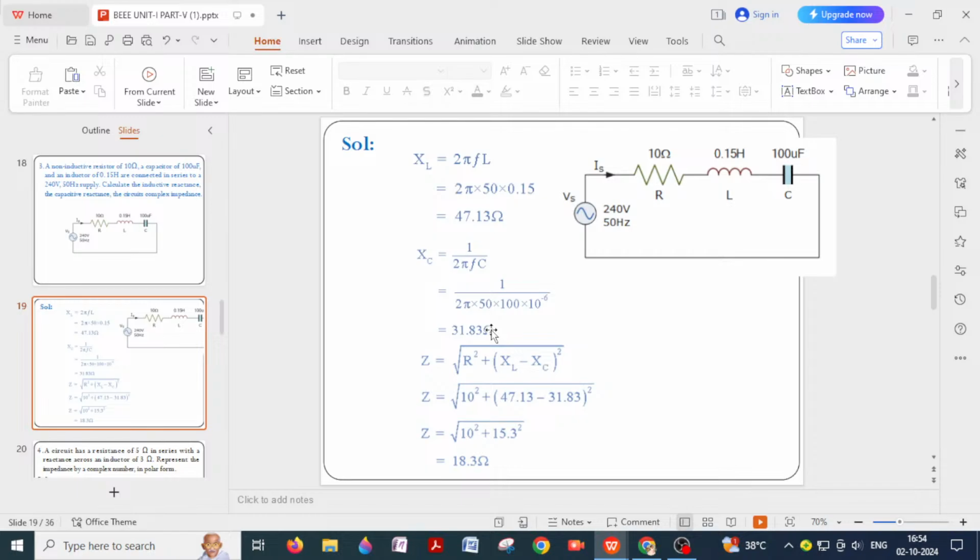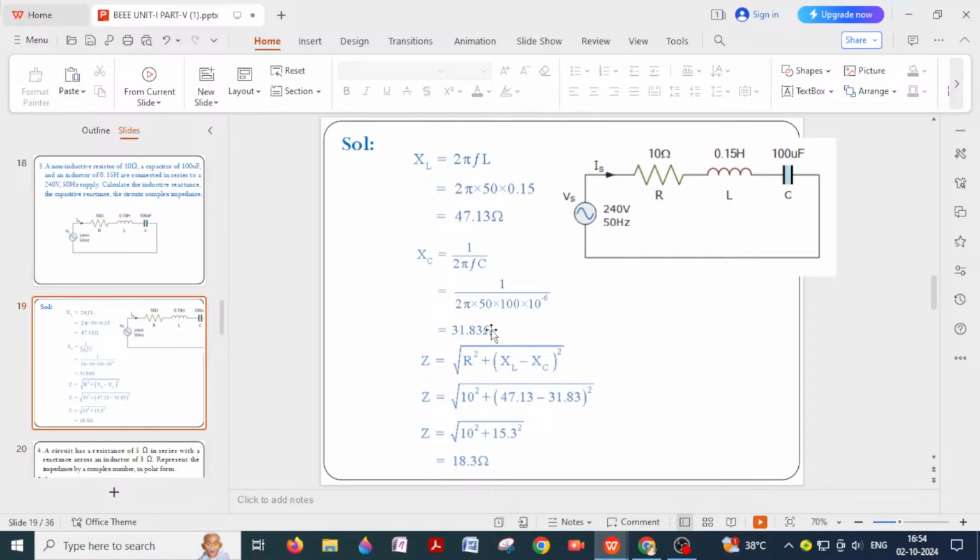Okay, so here there is a resistor and an inductor. Both are connected in series.